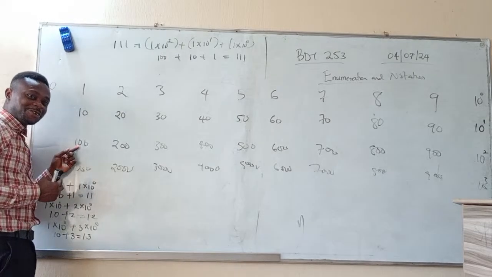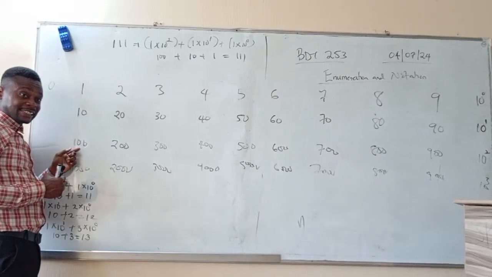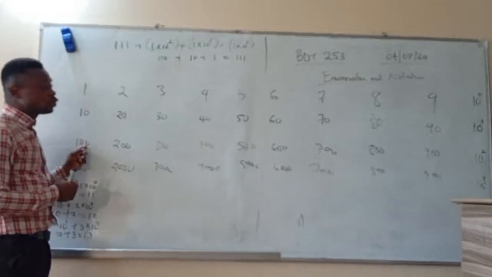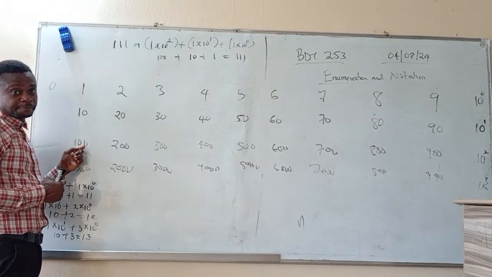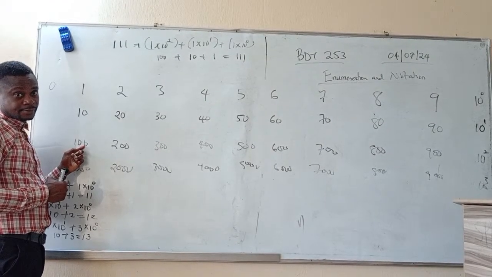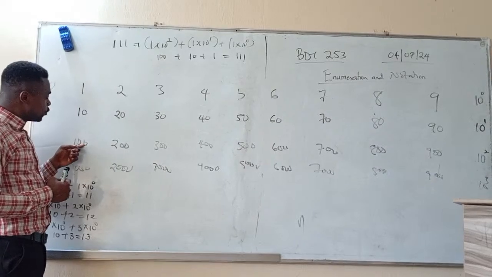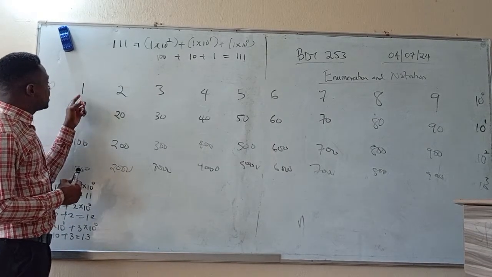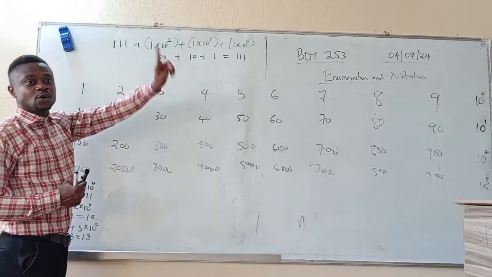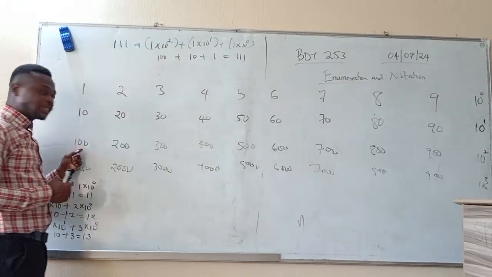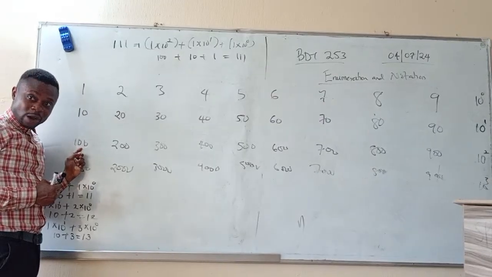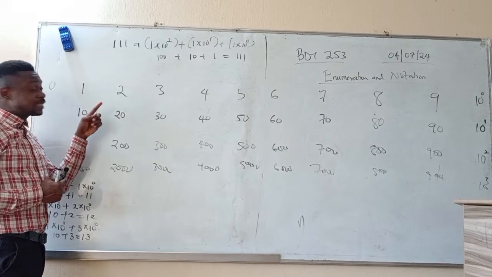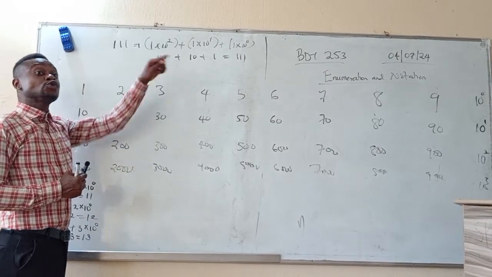All right, let's go. This 100, right? Good. Okay, so which one should go first, if it's both of them? If 100 is here, now 1 times 10 to the power 0 is what? 1, right? Plus 100 is what? 101. 2 times 10 to the power 0 is what? 2.